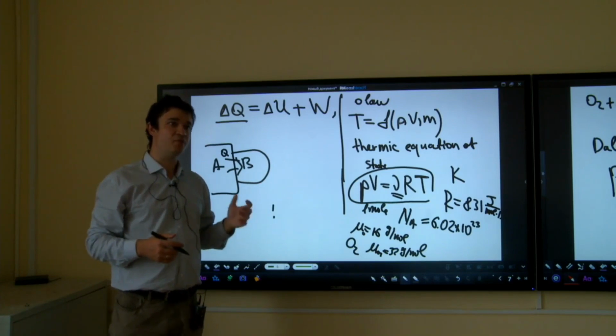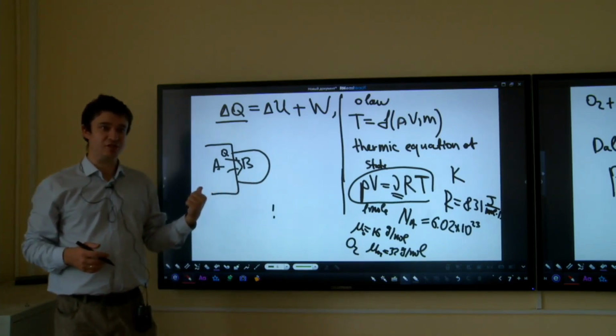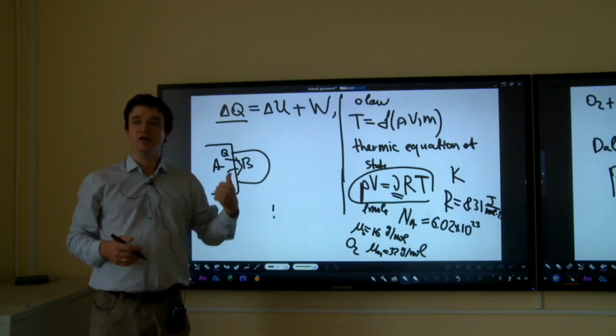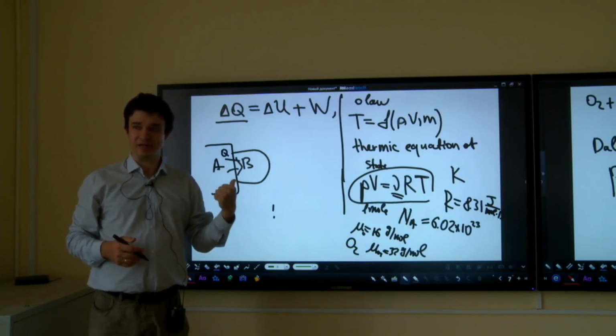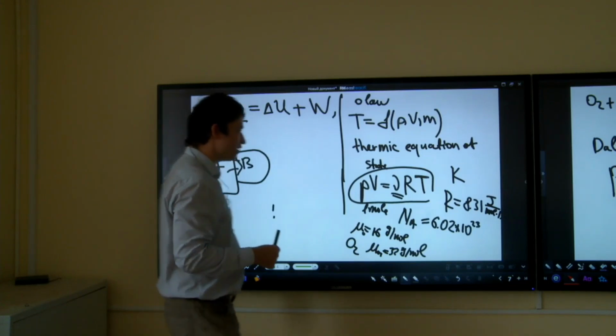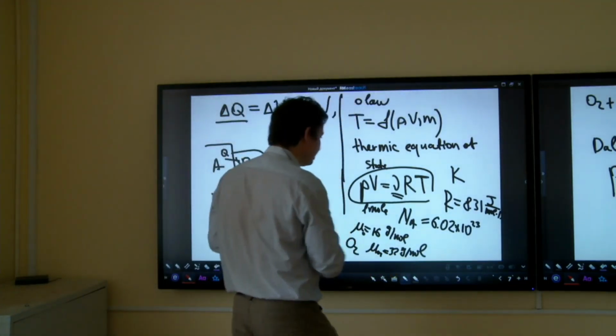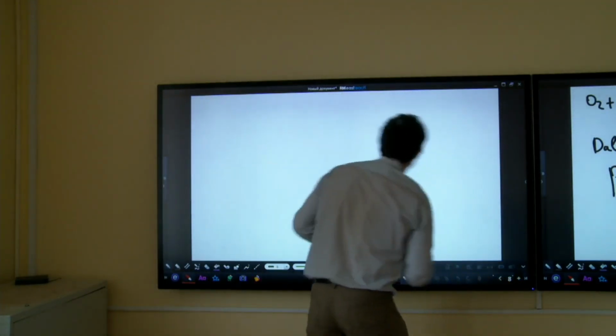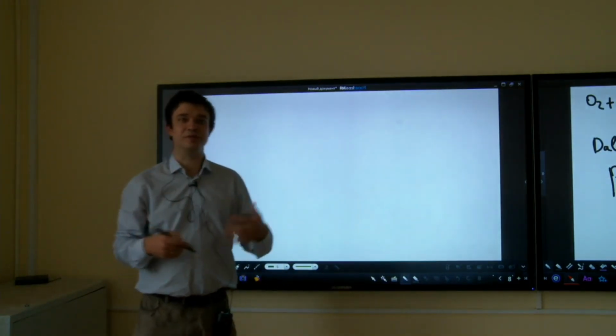And the main purpose of this, so to get to engines, we need to introduce some dynamics into this.